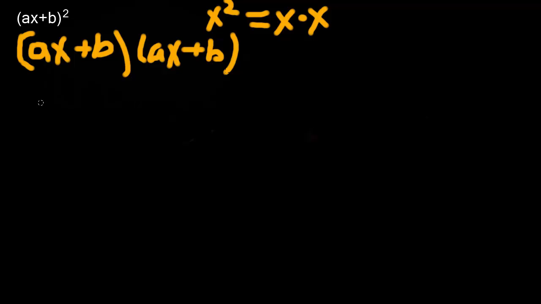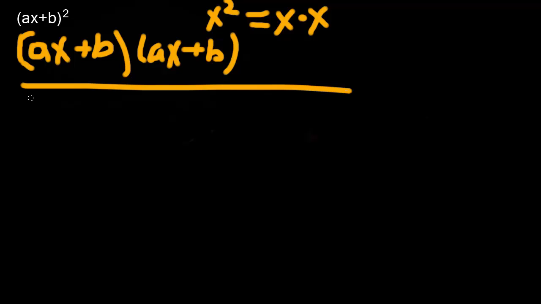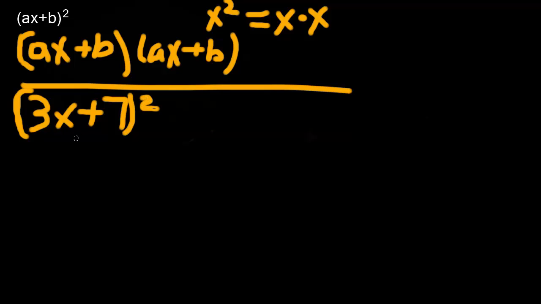And I'm going to put in, as an example, a few different numbers this time for a and b. I'm going to do 3x plus 7 whole squared. And so we're going to expand this to make it a little easier for us to do this equation.